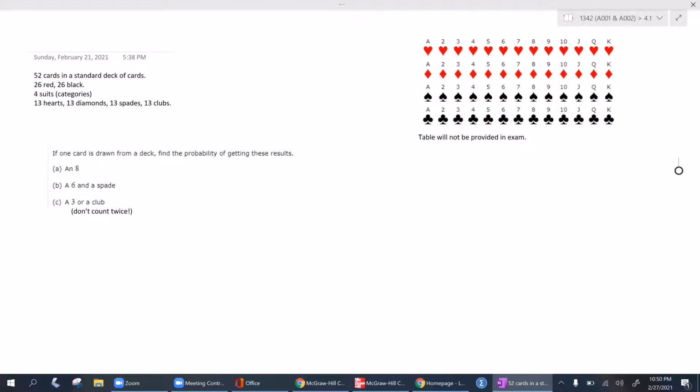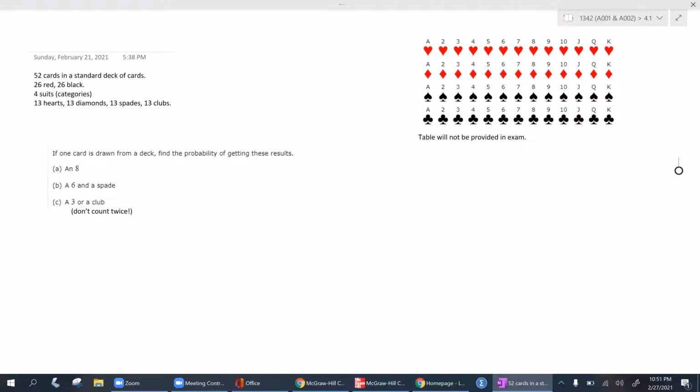So there are 52 cards in a standard deck of cards. Furthermore, there are 26 red cards and 26 black cards. There are 4 different suits: you got the hearts, the diamonds, the spades, and the clubs. And furthermore, you have 13 of each suit.